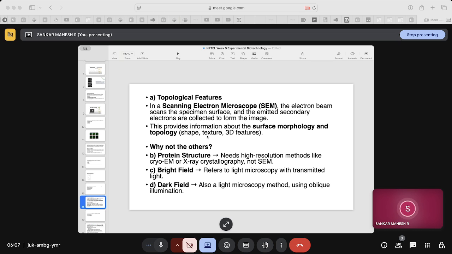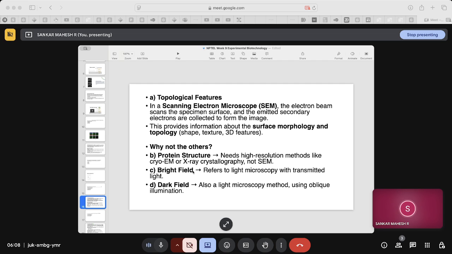But the problem here is the resolution at which we can do SEM is very, very low, which means it's on the order of nanometers. So you will not be able to typically talk about protein structures, because for protein structures we have been routinely using methods like X-ray crystallography, which gives you the angstrom level.